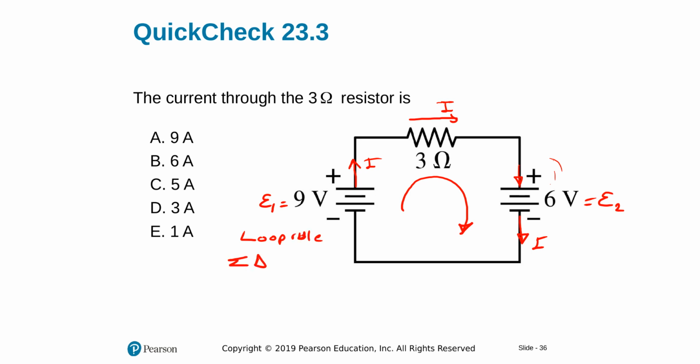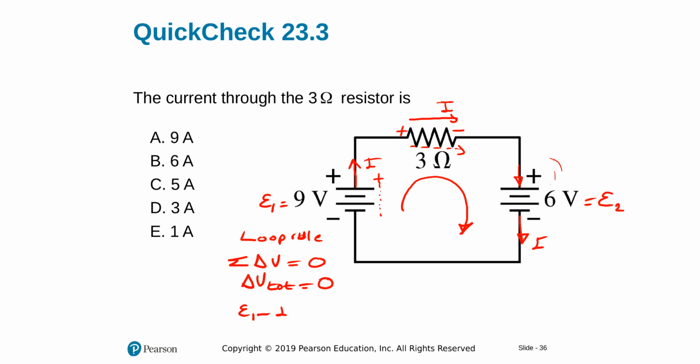Total potential difference equals 0, or delta V total, as we like it more. I'll put it as delta V total equals 0. I'm going to be walking along here. I'm walking towards plus here, so epsilon 1 will be plus. I'm walking along the current, the same direction as the current, so it's plus to minus.